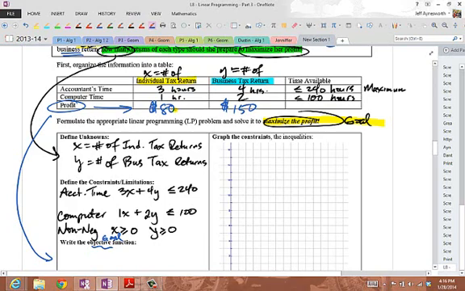For 3 returns, it's 3 times 80 or 240. But in general, you multiply here, and so the profit function, P for profit, is going to be $80 times how many returns you prepare, plus $150 for every business return. So we add 150 times y, because y represents the number of business returns. And that gives us our profit function.